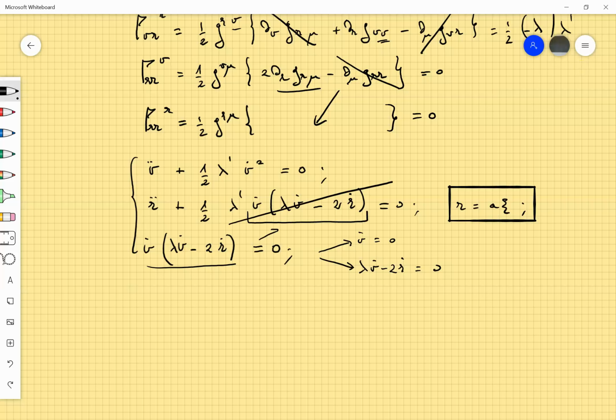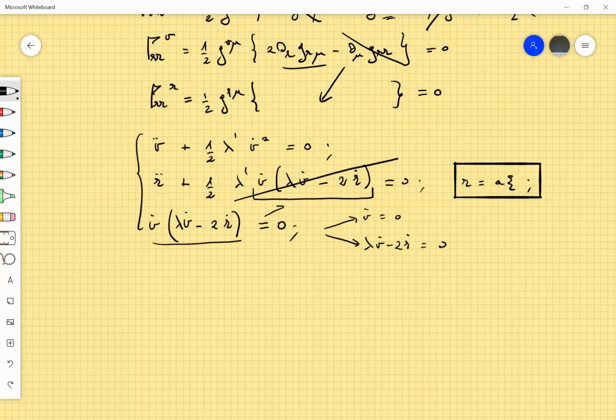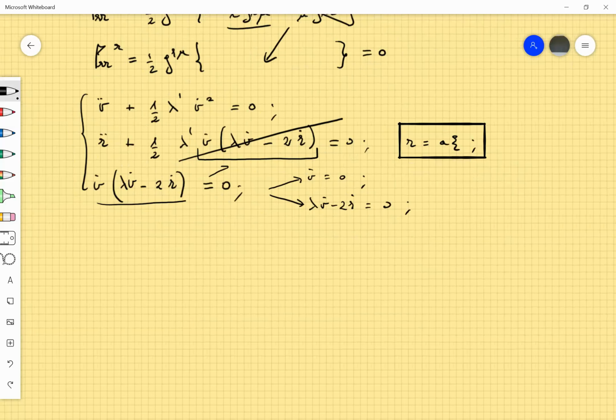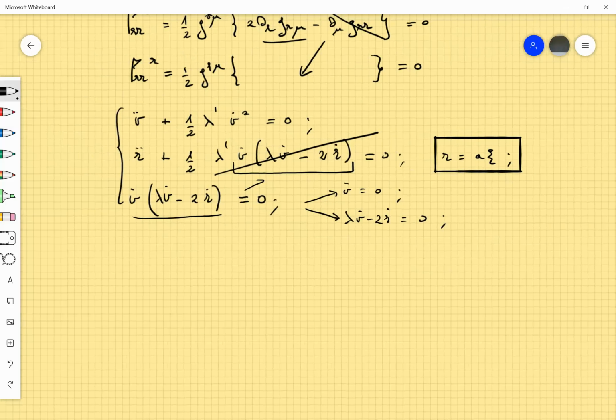This doesn't change. And well, depending on which case you are considering, you are going to solve the first equation in different ways. But let's consider these two cases separately. Okay, v dot equal to 0, which is one of the possibilities. The solution clearly is v, a linear function, a constant.